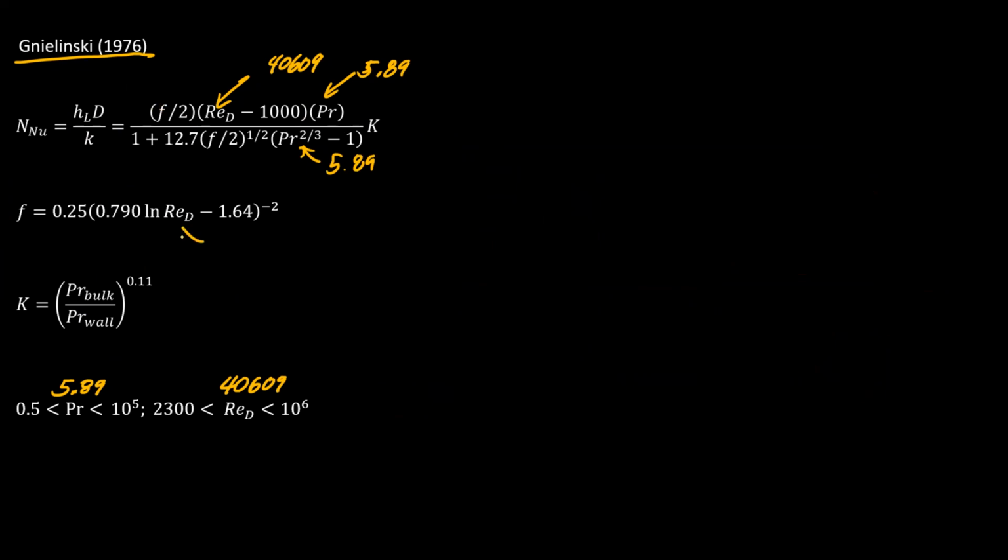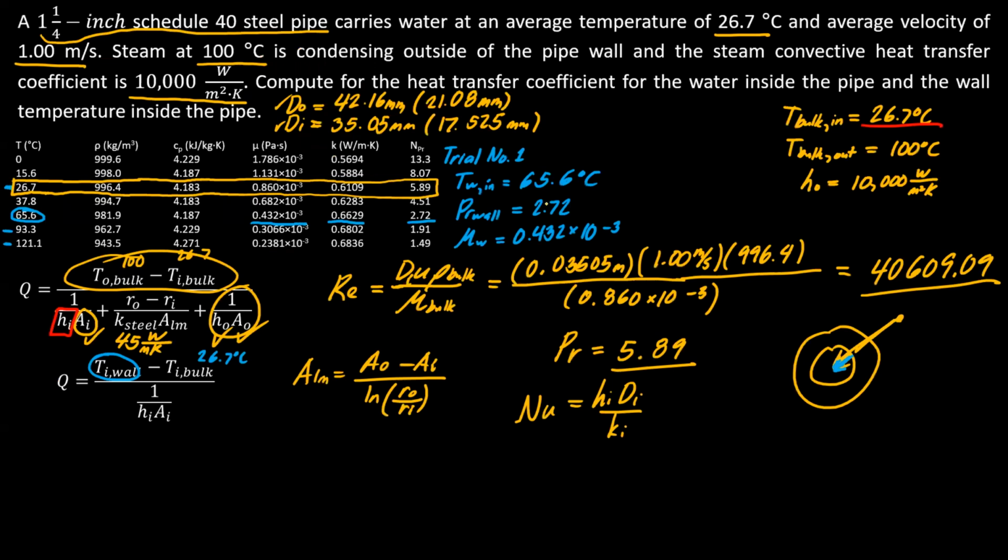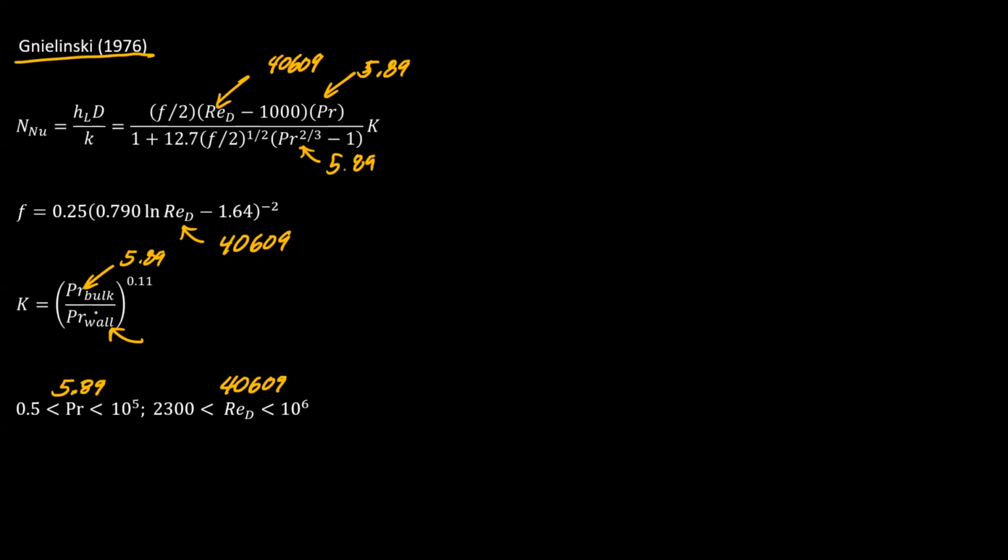It's written here. The R here is just this value. The Prandtl number at the bulk is 5.89, and the Prandtl number at the wall, I already obtained it, 2.72.